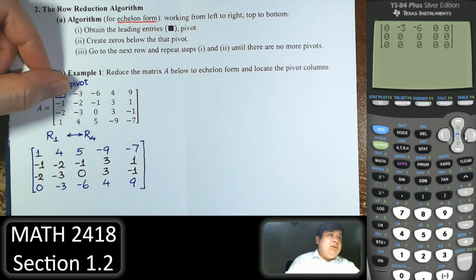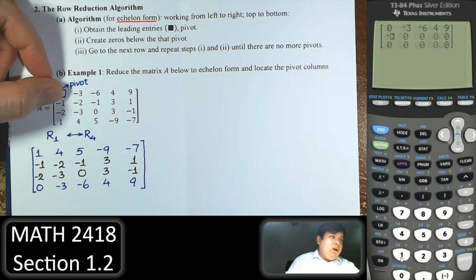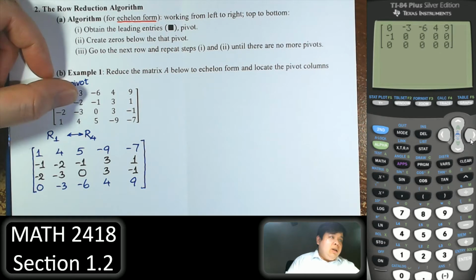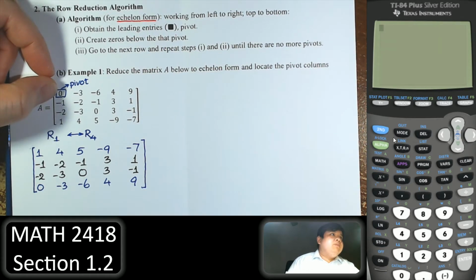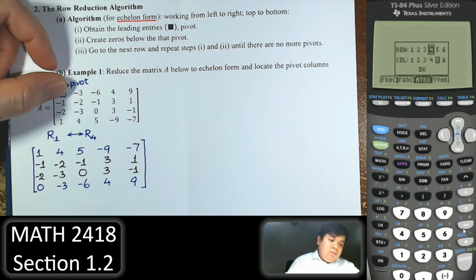Don't hit enter though, just move to the next cell, 4, 9, -1. Oh, I can't even count, 4 rows and 5 columns.